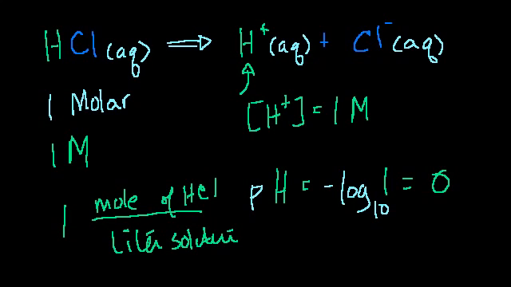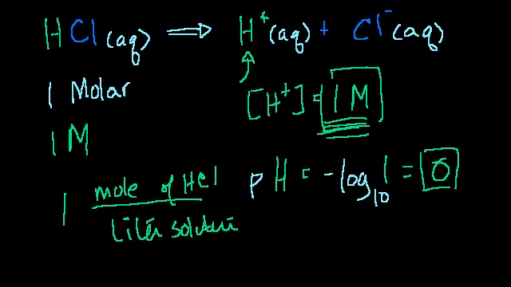So if you have 1 molar of hydrochloric acid and you throw it into an aqueous solution, and I guess I'm saying you're putting it into a solution when I tell you it's 1 molar. So if you have a concentration of 1 mole per liter of solution, where the solvent is water, you will end up with a pH of 0. A pH of 0. What was water's neutral?